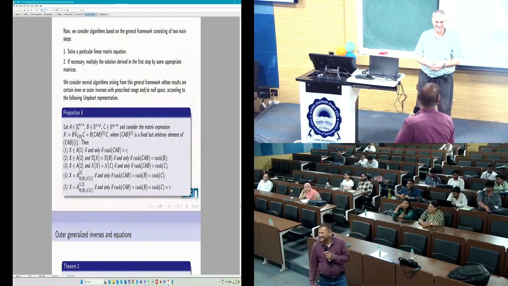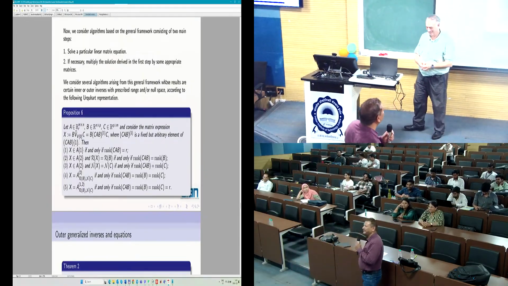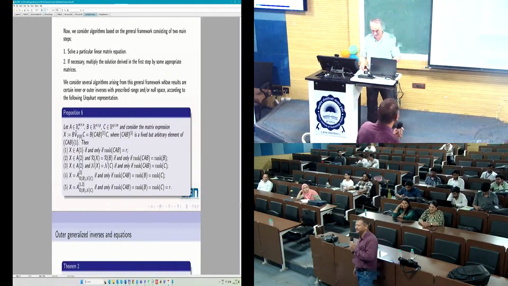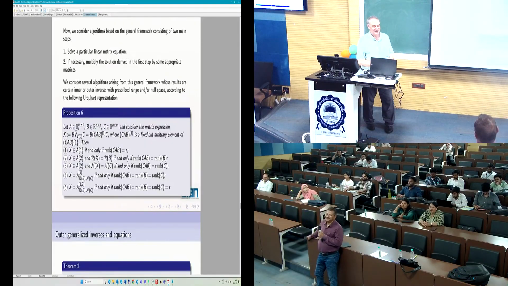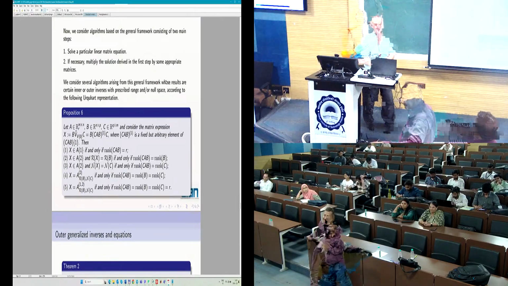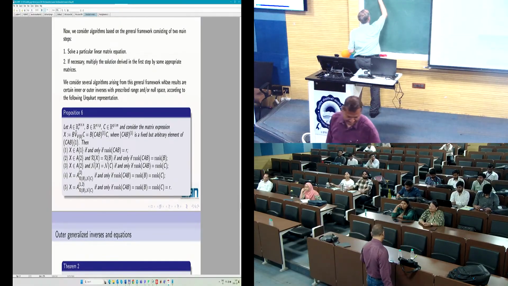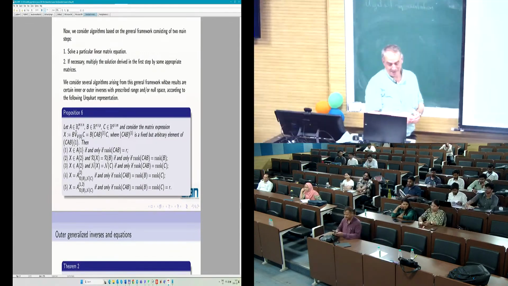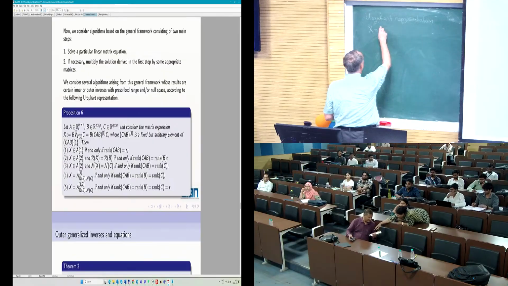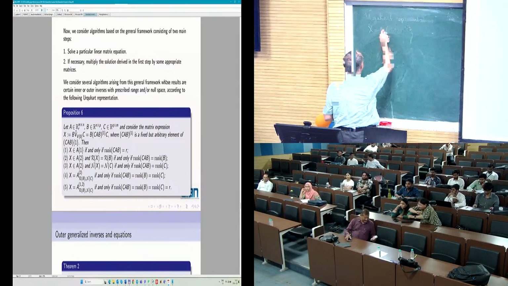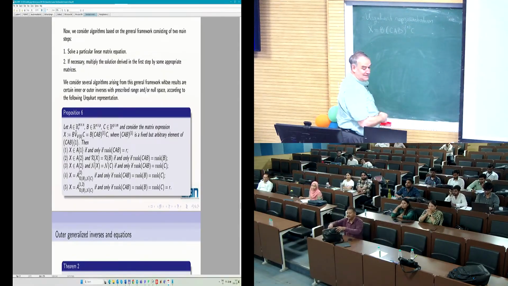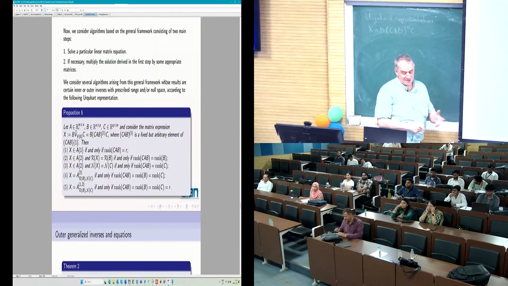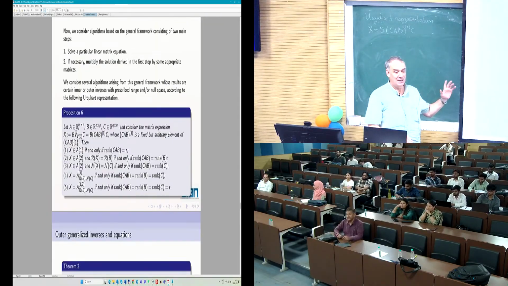Okay. So now what will we talk about? Something symbolic, solving equations in our Urquhart representation of general outer inverse. B and C, take care about dimensions.